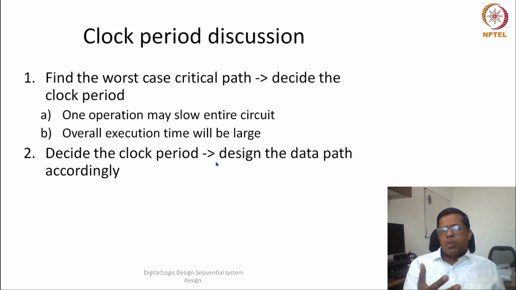Now see one more aspect of this: usually the clock is going to be a global clock. Global clock means there could be different kinds of operations in my design, different submodules, and this global clock is going to decide all the operations on my chip or application.